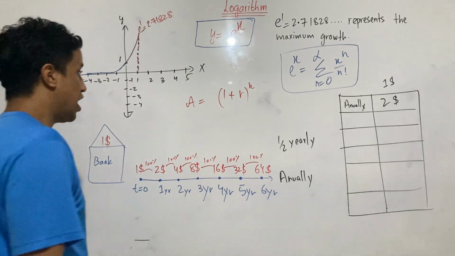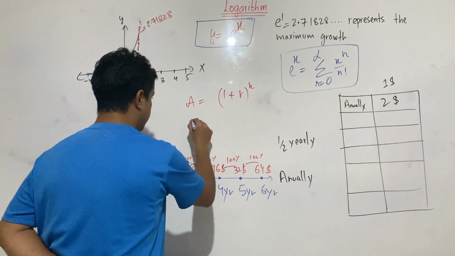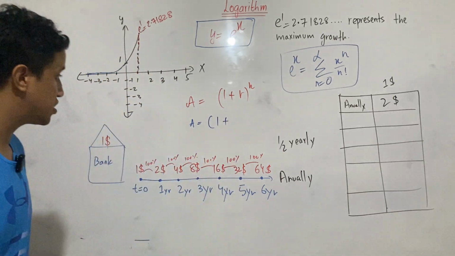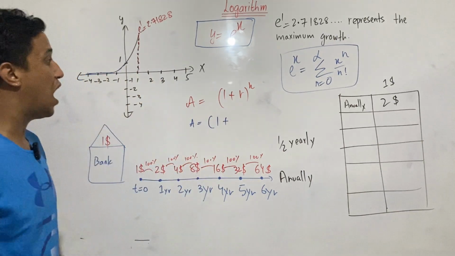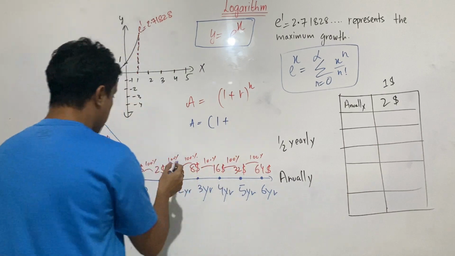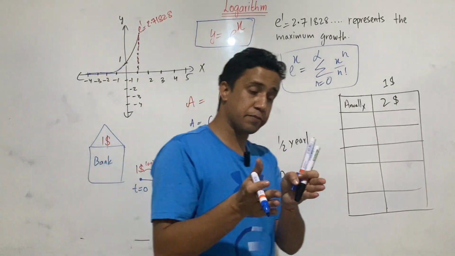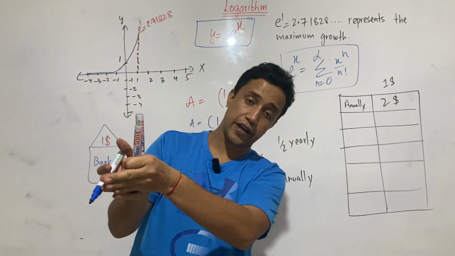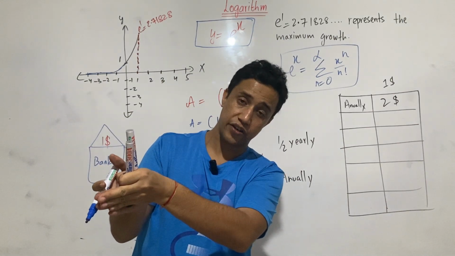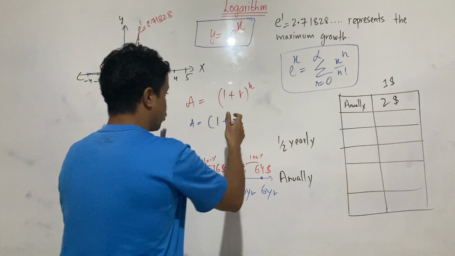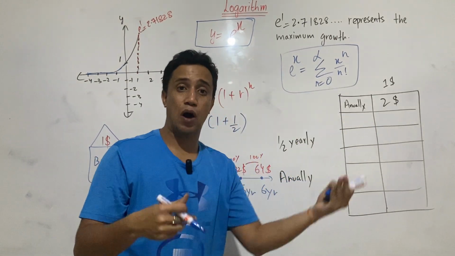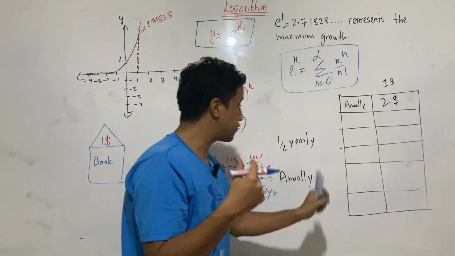Half yearly means that here this is 1 plus the half-yearly rate. For the first 6 months 50%, then for the next 6 months again 50%. So it would be 1 by 2. And how many times will they compound it? 2 times, because it's half yearly.